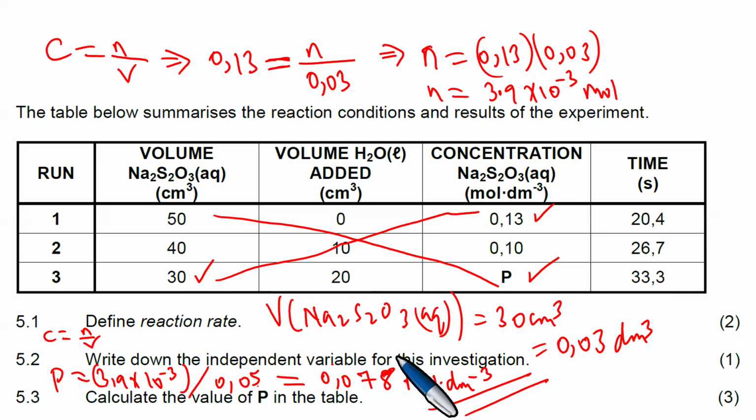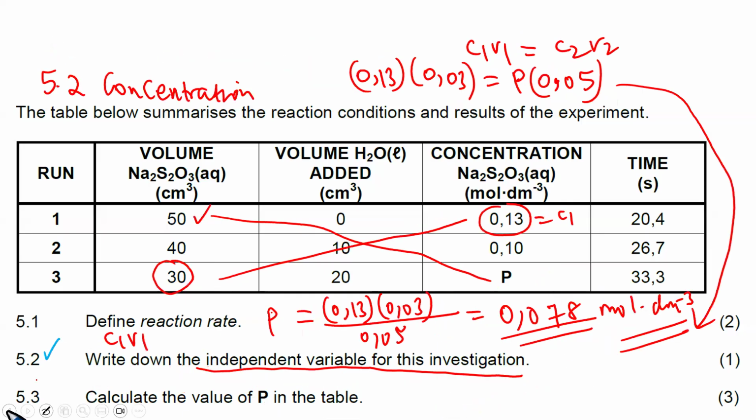Okay, so that is the value of P. But we used two ways to do it. If you want, you can use C1V1 equals C2V2, or use the notion of ratios to do this.